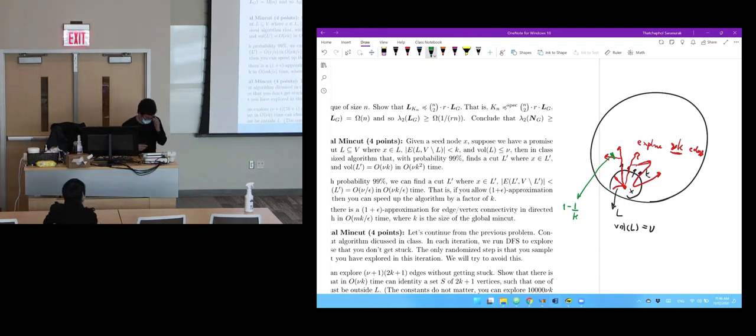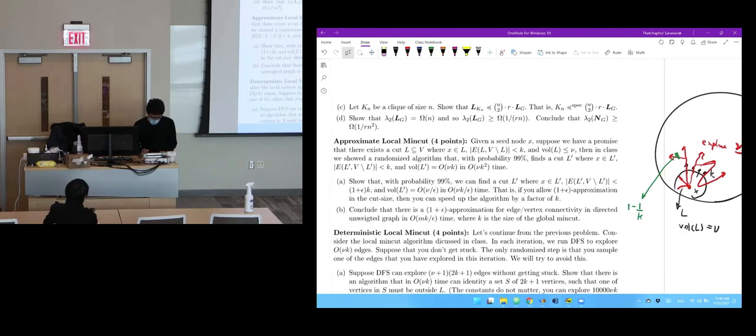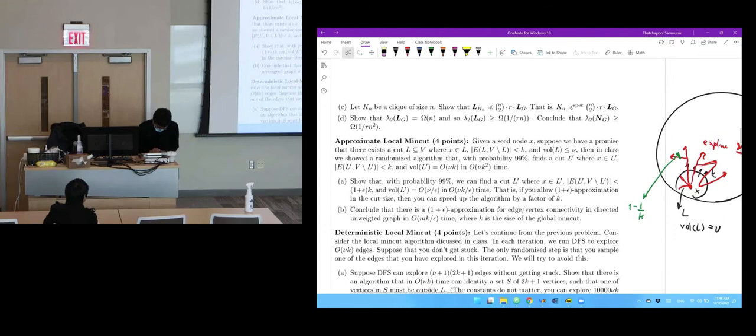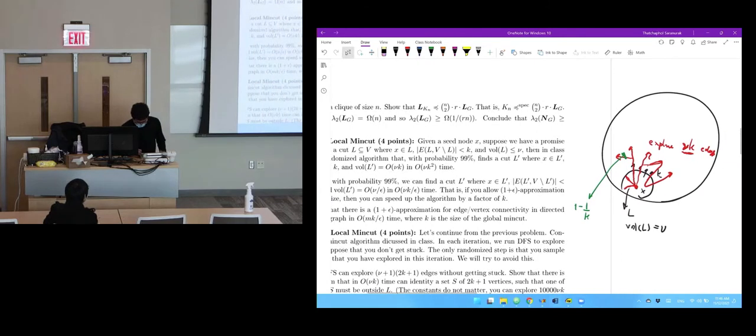Now, if you don't care much about exactness, suppose that I just want a 2 approximation. What if I say that instead of exploring new k, I explore 10 new?